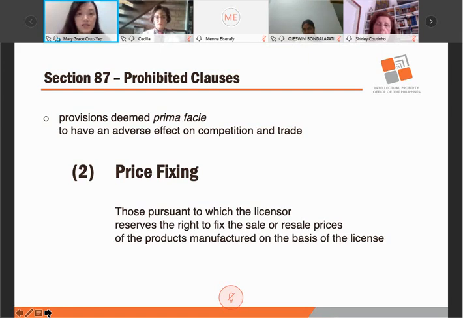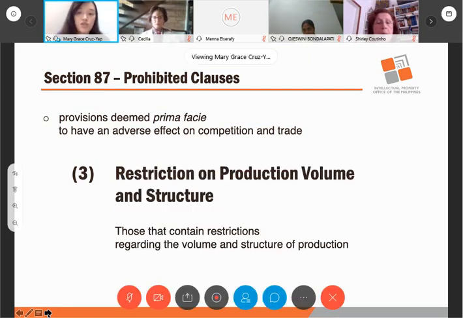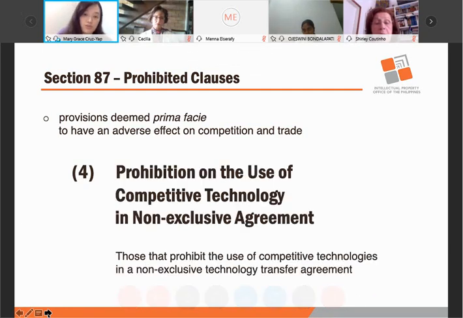Price fixing is also prohibited. Restriction on production volume and structure is a prohibited clause. There's also a prohibition on the use of competitive technology in a non-exclusive agreement. Under this provision, Section 87.4, please note that the keyword is non-exclusive.